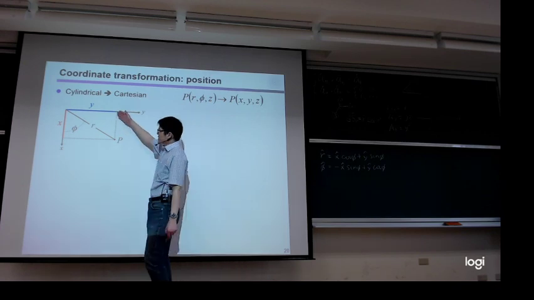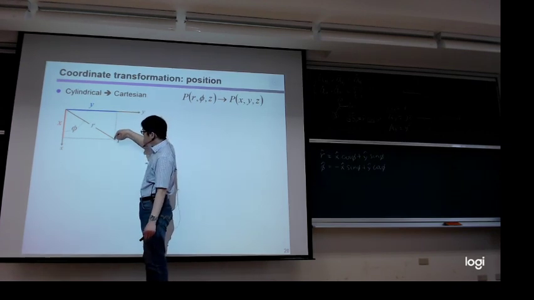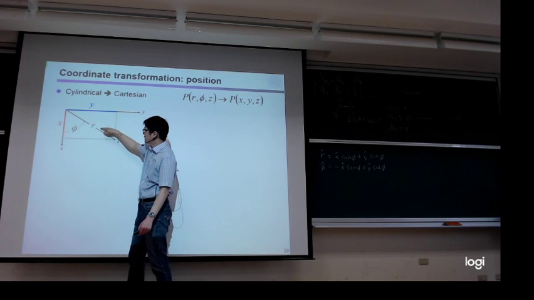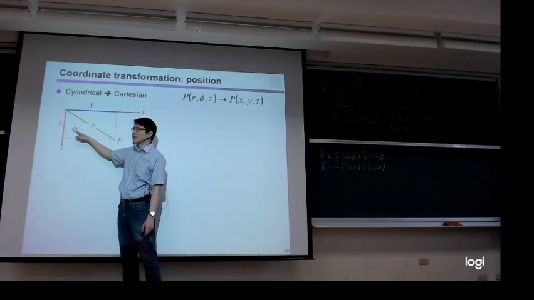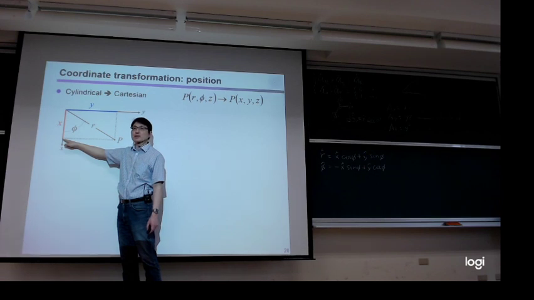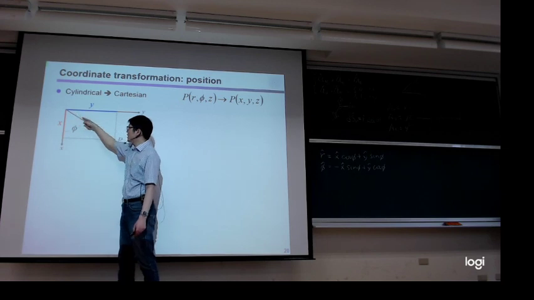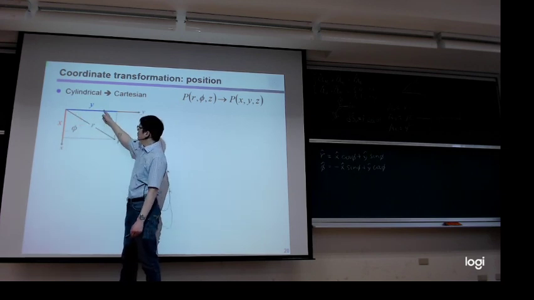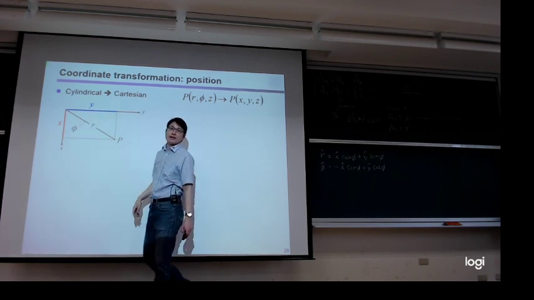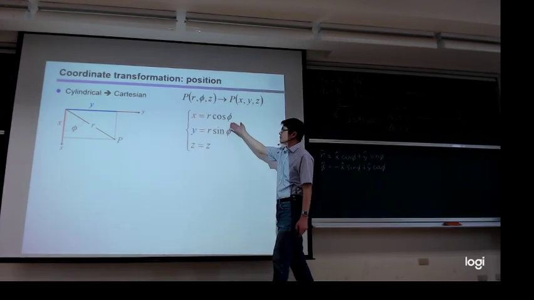So let's understand this point. We know its radius, we know its azimuthal angle, so we know how to express its corresponding x value and y value. X is just r cosine phi, y is r sine phi, right? That's all you have to do.